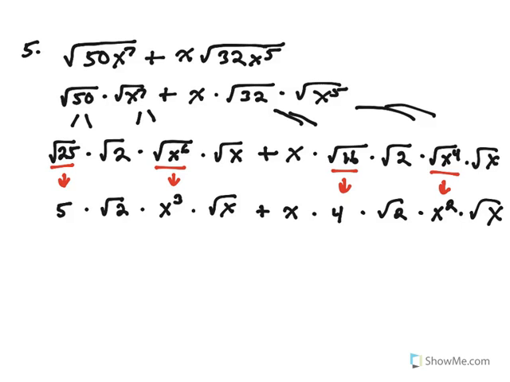So now we're going to multiply everything that's not under the radical. That's 5, x cubed, x, 4, and x squared. So 5 times 4 is 20. Okay, so I'm going to do that first.